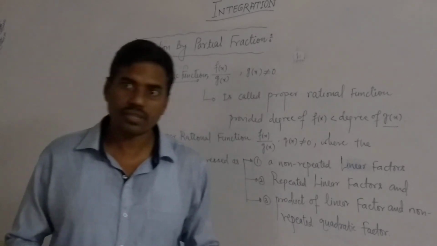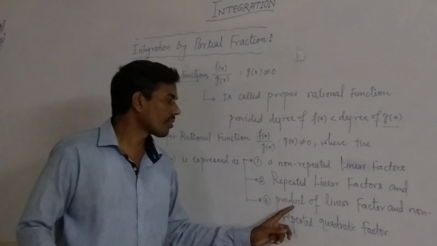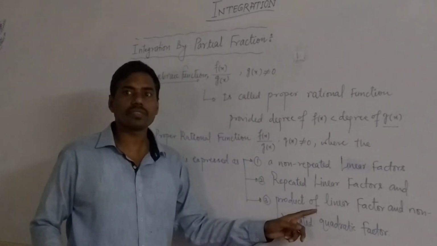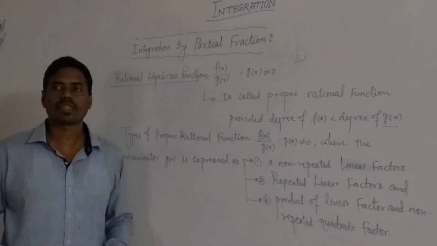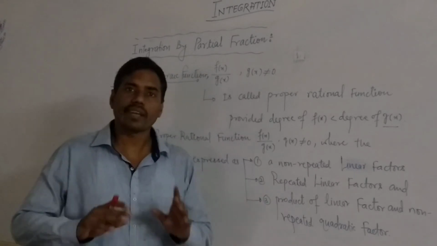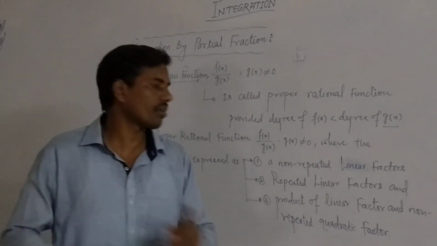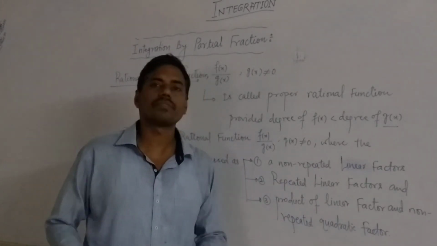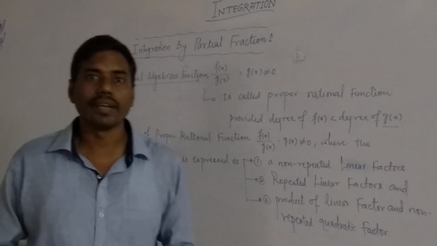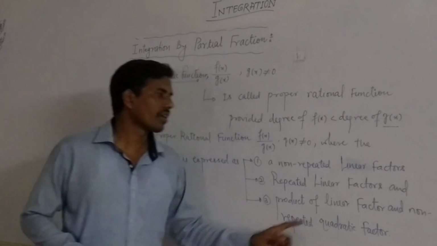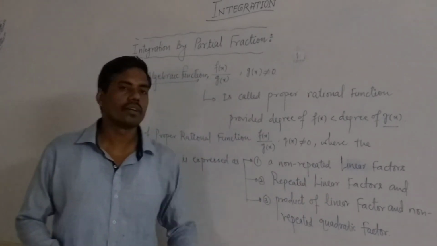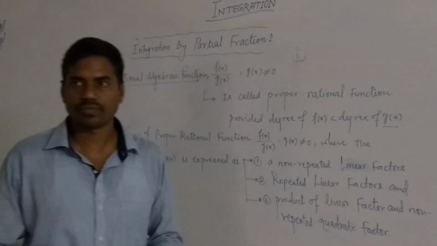And the third one is where g of x is expressed as the product of a linear factor and a non-repeated quadratic factor.